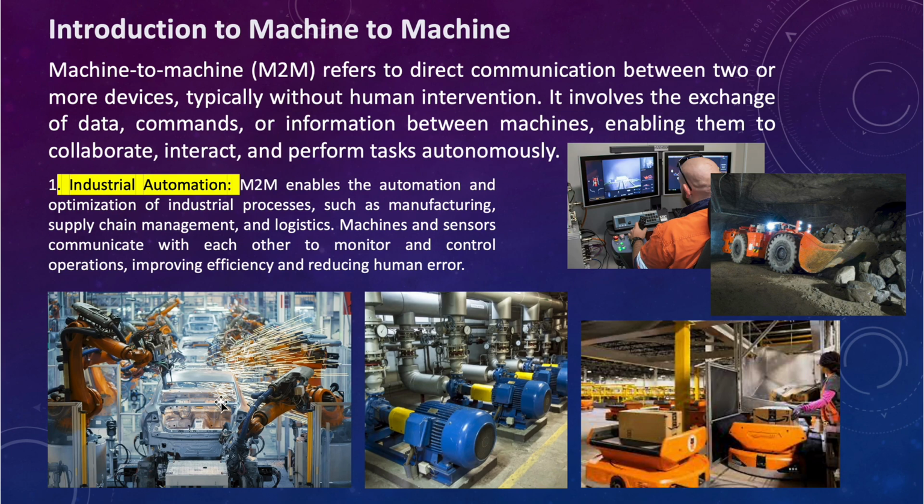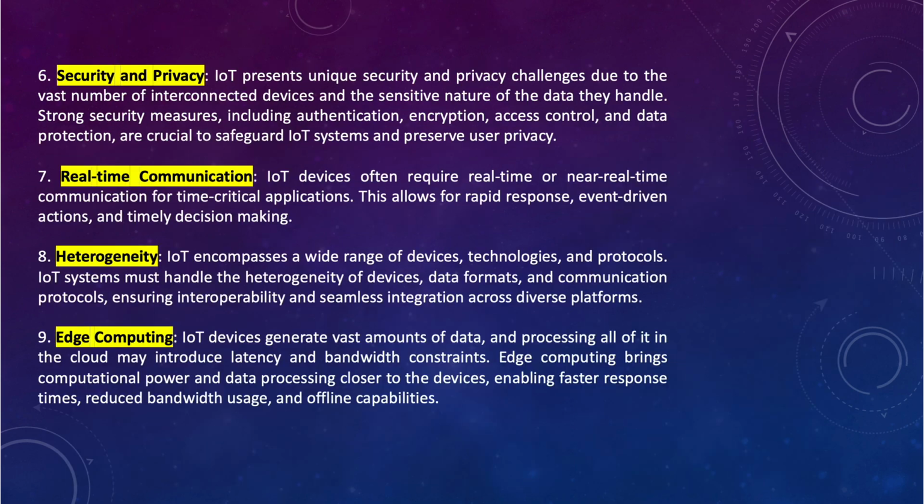Even in a manufacturing plant it would be the same, right? It would be real-time communication. If you are remotely controlling another IoT device, that again means real-time data needs to be sent and communicated, both input and output.